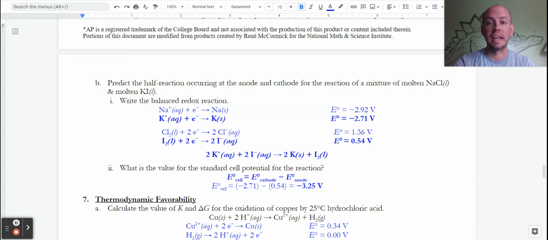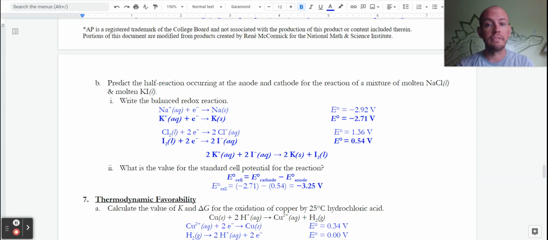I have iodide and I have chlorine. The iodide is quite a bit more favorable than trying to oxidize the chlorine, because once again, both of these are the reductions. Chlorine really wants to be reduced. Iodide wants to be reduced a little bit less. This is the first case where we do have to balance our electrons by looking at the charges here.